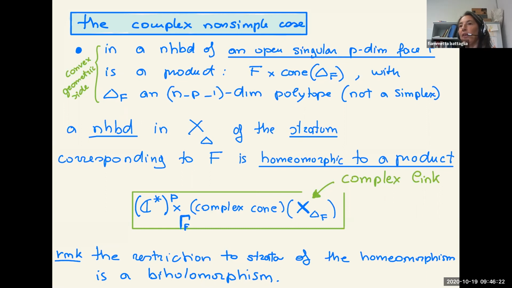So we have a well-defined corresponding complex space that we call the complex link.